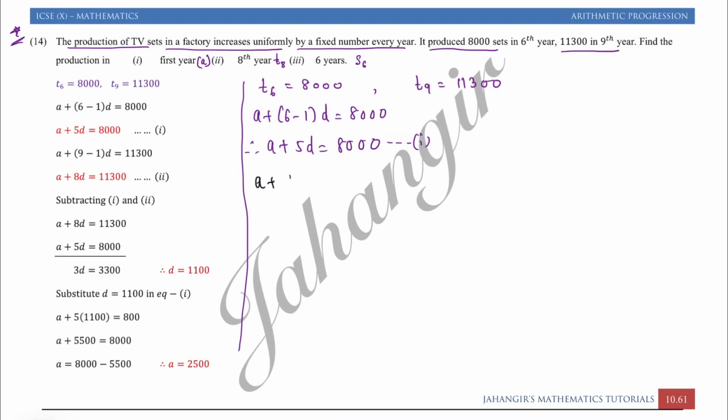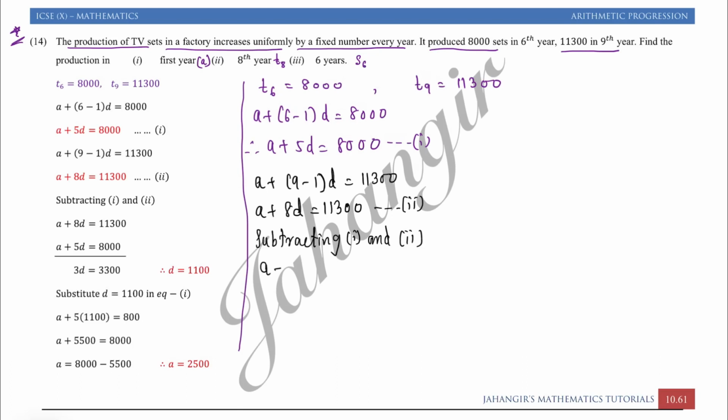So A plus 9 minus 1 into D is equal to 11,300. So A plus 8D is equal to 11,300. This is my second equation. So now subtracting 1 and 2.